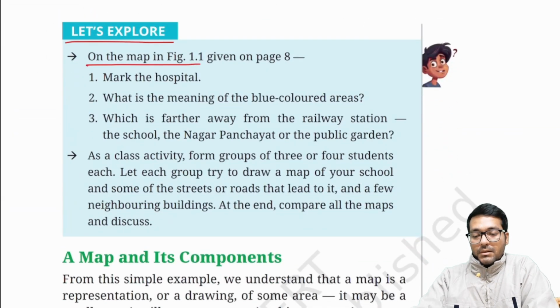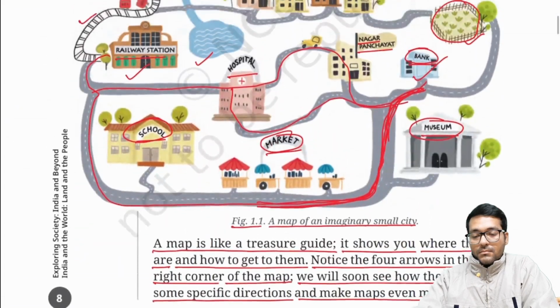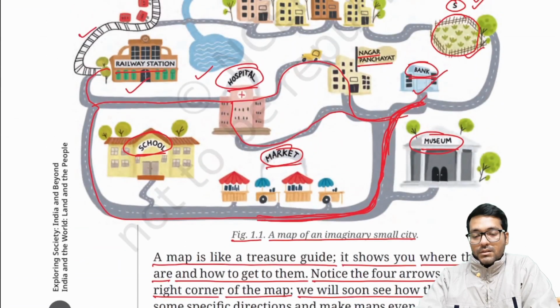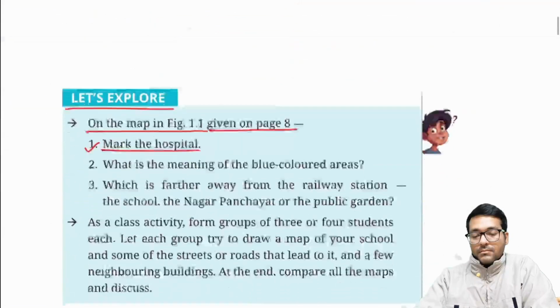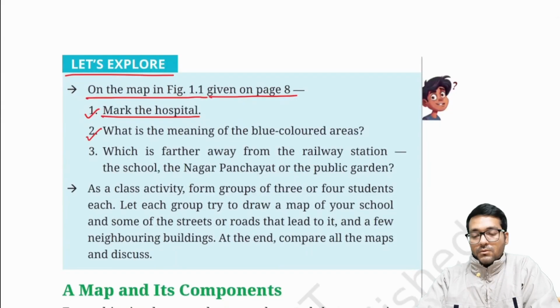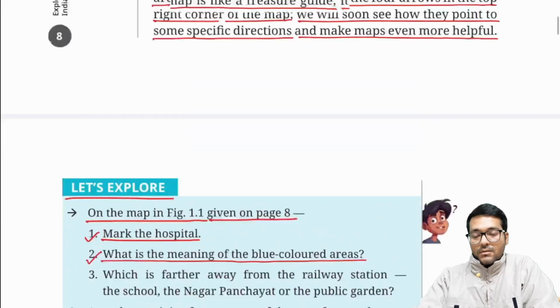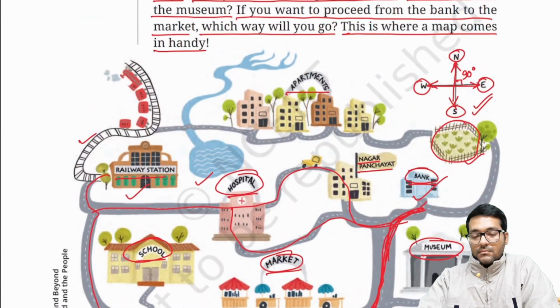On the map in figure 1.1 given on page 8, 1. Mark the hospital. You can see hospital here. 2. What is the meaning of the blue colored areas? Blue colored areas signify water bodies.